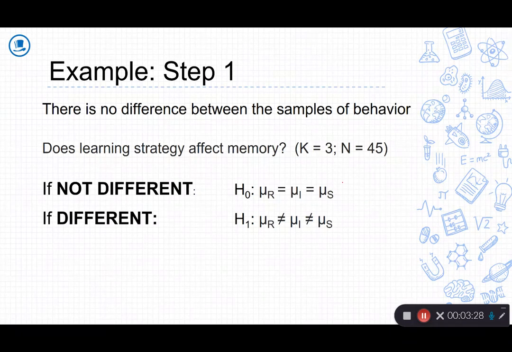We represent each population here that is embodied by a sample in the experiment, and we think about the relationships between them. The null hypothesis says there's no difference between the populations. The alternative says there's some difference. And to remember this, think back to Sesame Street. Really what this alternative hypothesis is saying is at least one of these things is not like the others.